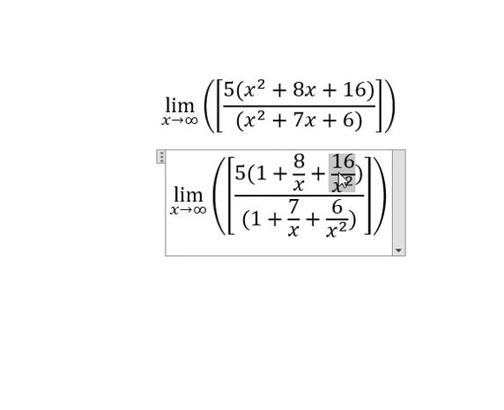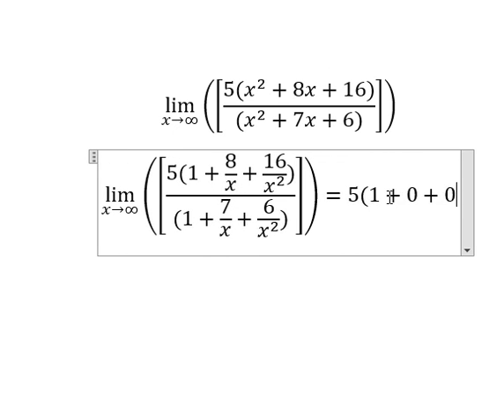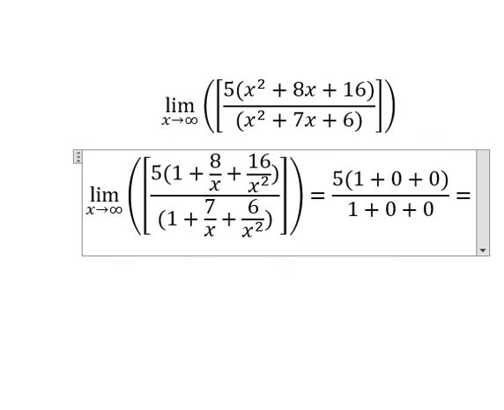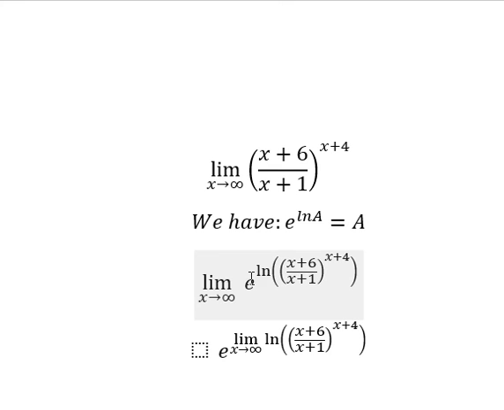This one you get about 0, and so on in here. And now we have the final answer. And we have 5. So the value of this limit in here is 5.